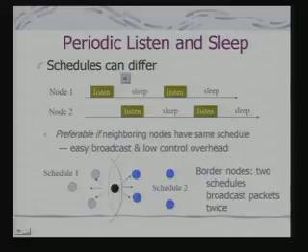Is this clear? So, this is the basic philosophy of the SMAC or sensor MAC protocol. Obviously, you can realize since there is a periodic listen and sleep at each node, there is a substantial saving in energy, and the nodes are not listening to the channel to avoid or detect collision, and that is the major source of energy consumption.